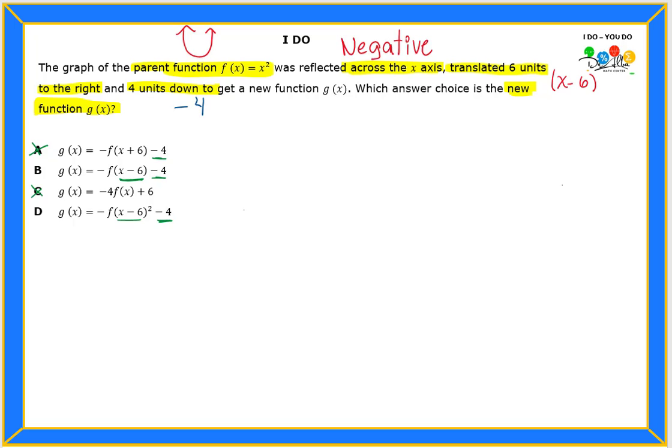And anytime that you are using the function notation, we do not need to raise it to the second power. And both B and D have the negative in the front. You see that negative in the front? So that's the only difference that I see on the problem. Is that right? So the answer for this should be letter B.